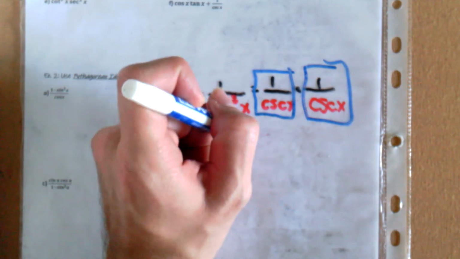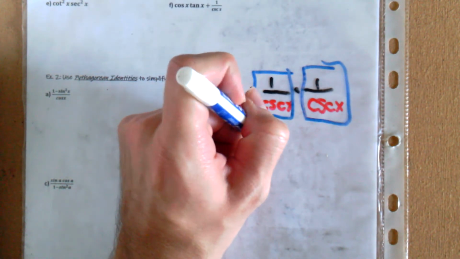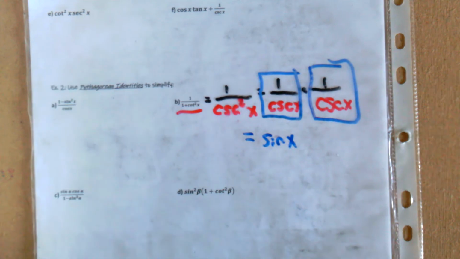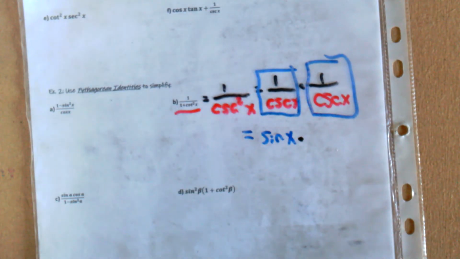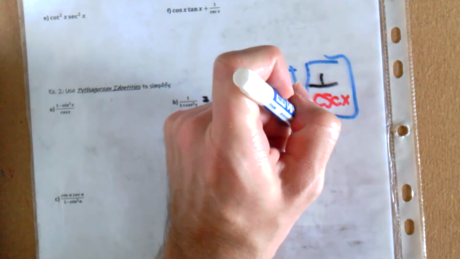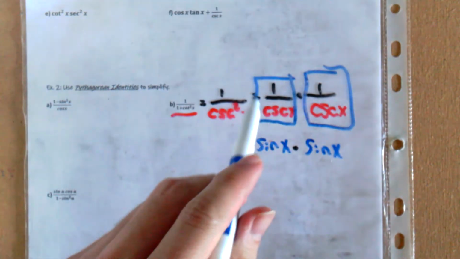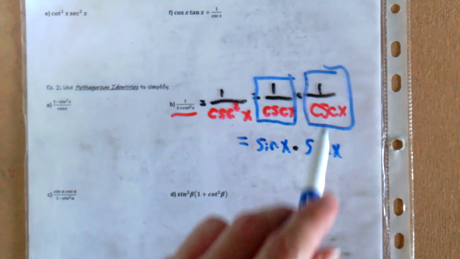So we can actually replace 1 over cosecant with sine. So we have sine times sine, since 1 over cosecant is the same thing as sine.